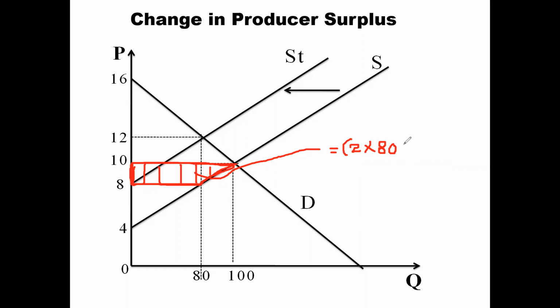Two into 80, then add the triangular area, which is 2 into 20 over 2. Then 160 plus 20, that's 180 rupees.